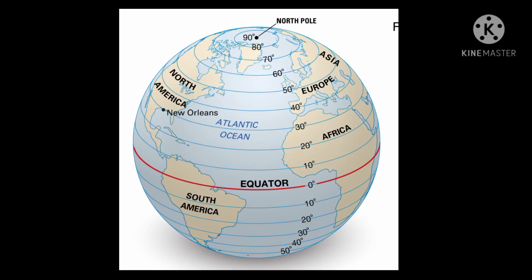The parallels of latitude are drawn at a distance of 1 degree interval. Now students, we will see the important parallels of latitude. The equator is marked as 0 degree.